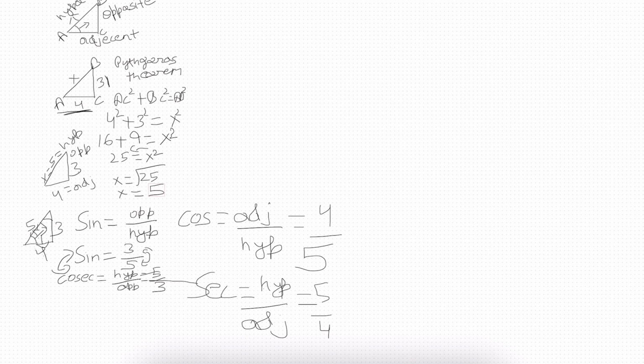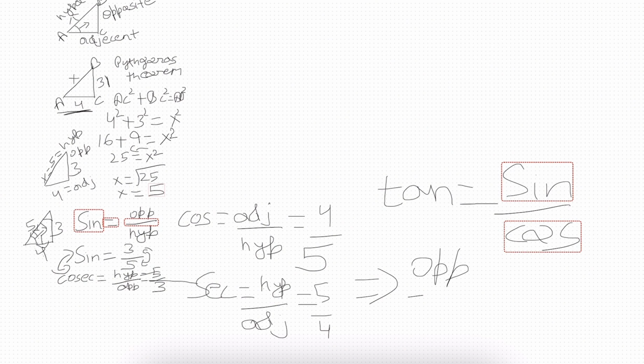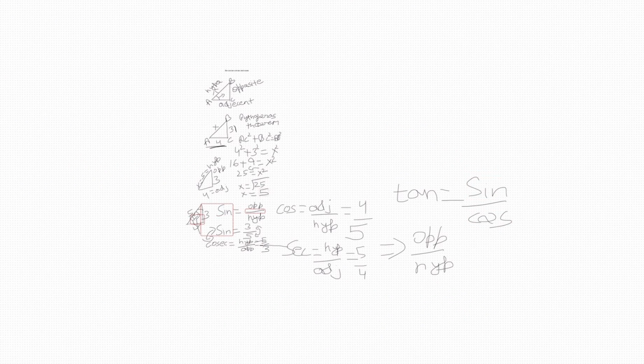Now we'll find the value of tan. So tan will be sine over cos. We'll put the values of sine and cos. What was sine? Opposite over hypotenuse. And what was the value of cos? Adjacent over hypotenuse.